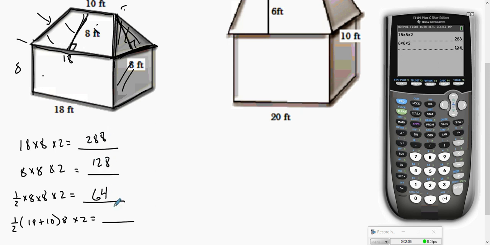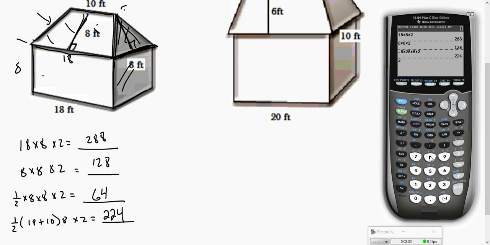128. 64. All right, now this one. 18 plus 10 is 28. So 1/2 times 28 times 8 times 2. So 0.5 times 28 times 8. And then times 2. We get 224. Add up all those.